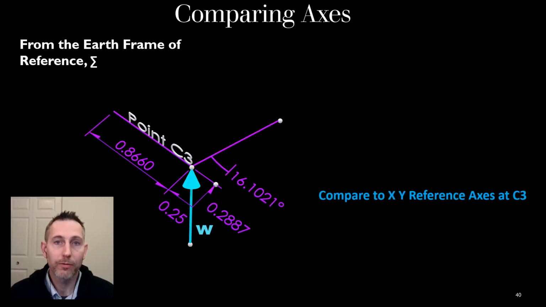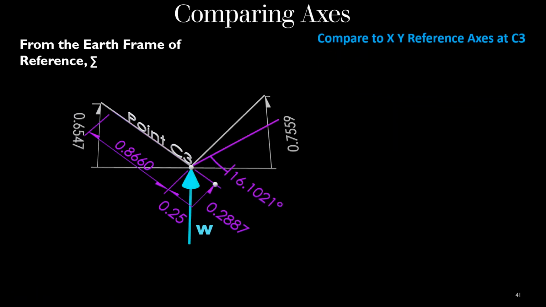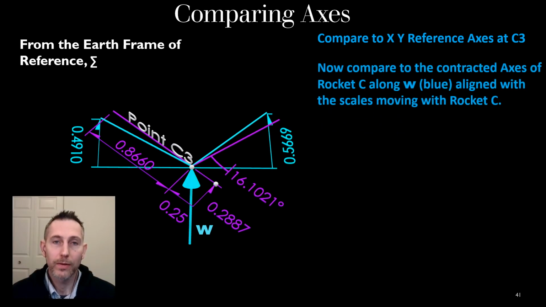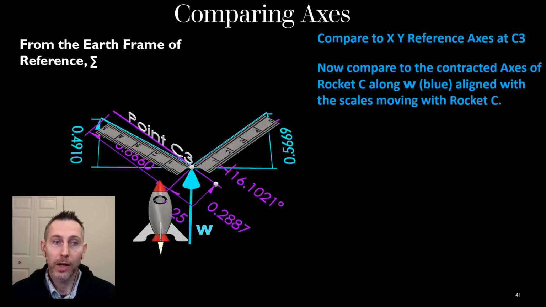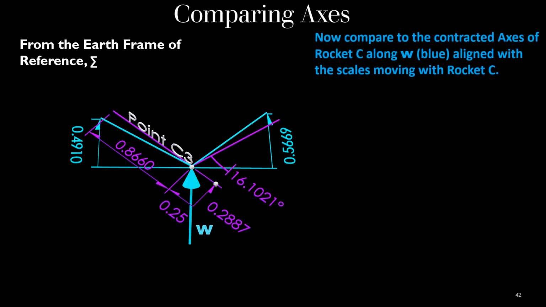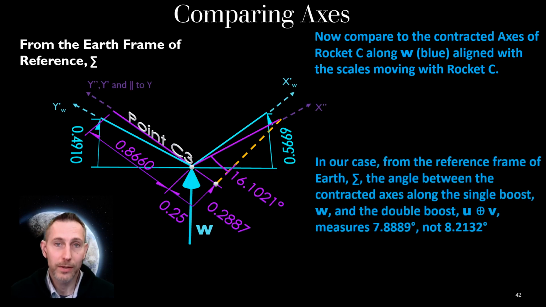Compare to the XY reference axes at C3. Next, compare to the single boost axes of rocket C contracted along W, aligned with the scales moving with rocket C. In our case, from the reference frame of the Earth, the angle between the single boost axes along W and the double boost U plus V axes measures 7.89 degrees, not 8.21 degrees.